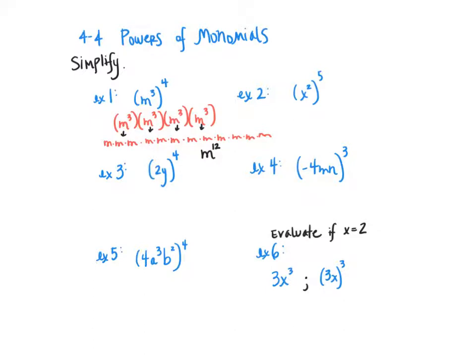So if we were in class, we would go through a lot of these so that hopefully you can see the pattern. But when you have a power raised to a power, notice we kept the base and multiply the exponents, because if we want to end up with 12, 3 times 4 is 12.